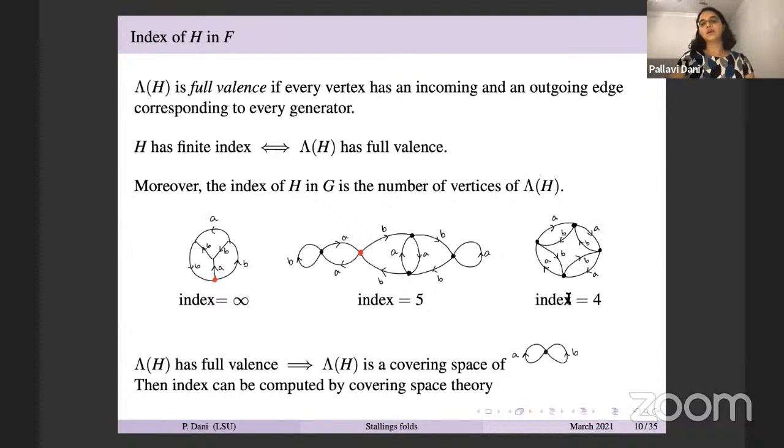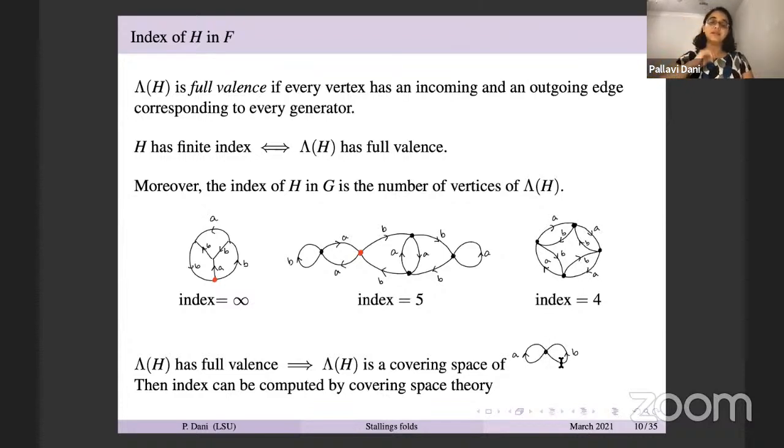So the point is that what you have is a finite degree cover of this graph, and the rose on two petals labeled by A and B has fundamental group F. And so what you've basically achieved is to realize H as the fundamental group of this cover.